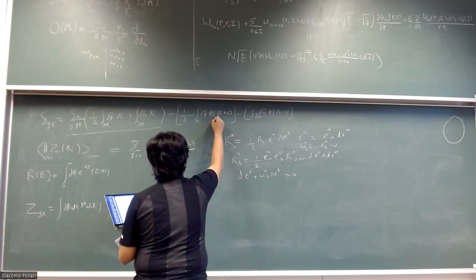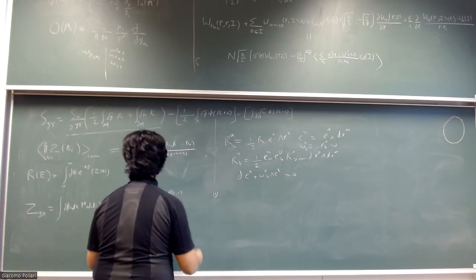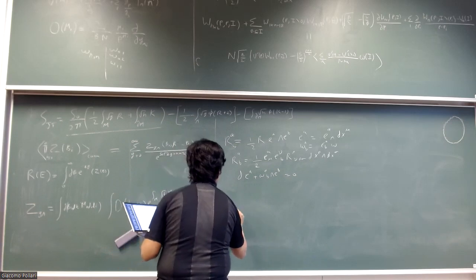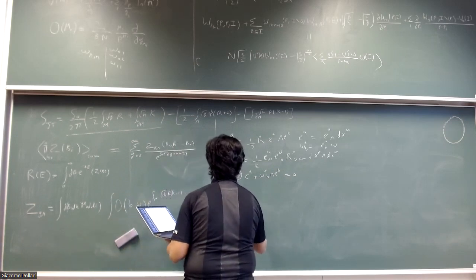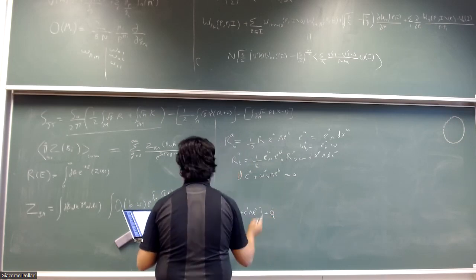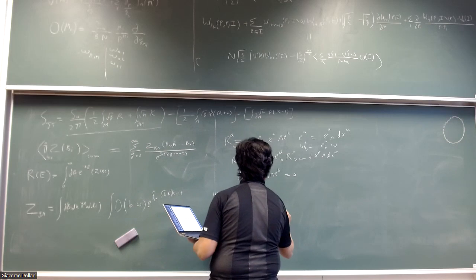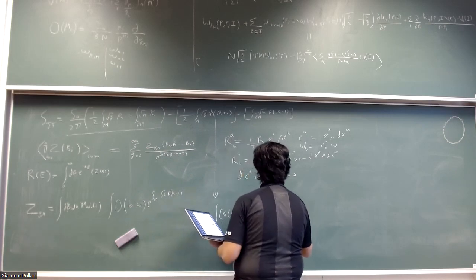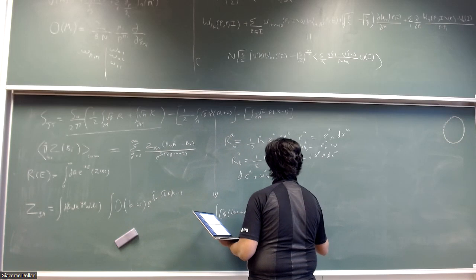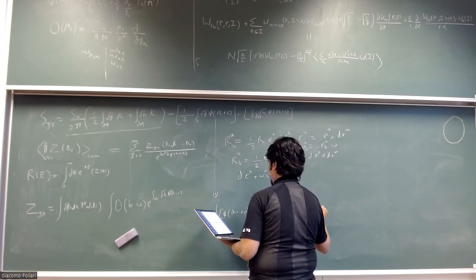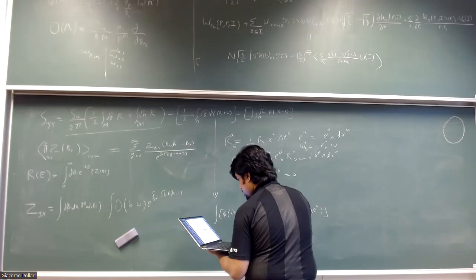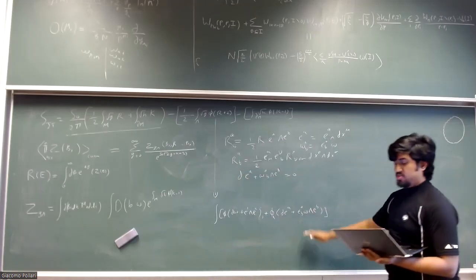So if we do that, this becomes... we introduce a new Lagrange multiplier to enforce the zero torsion condition. Yeah, this is what we get.